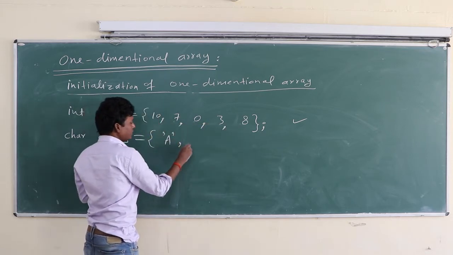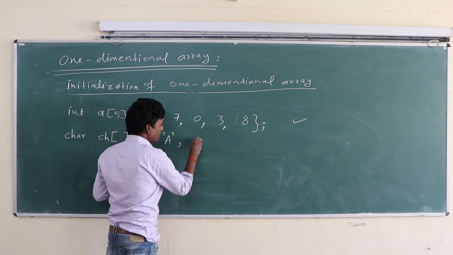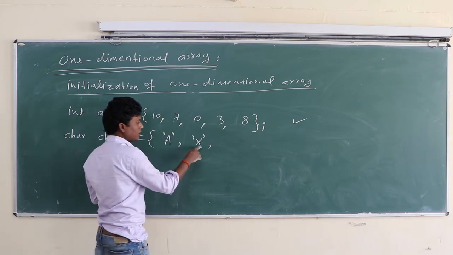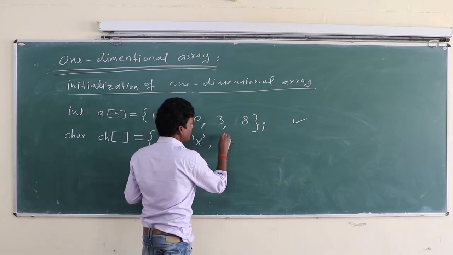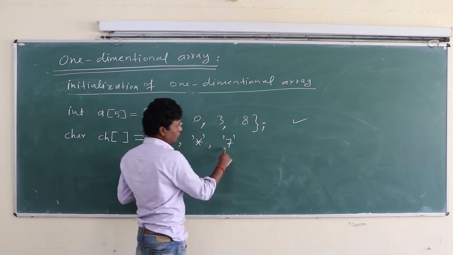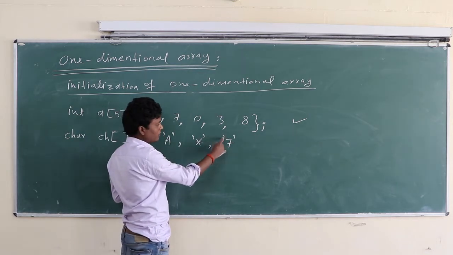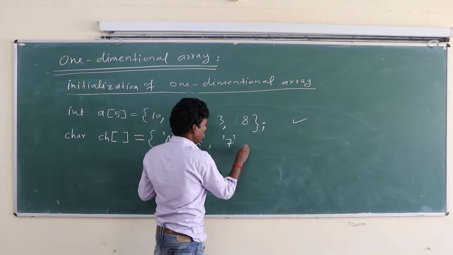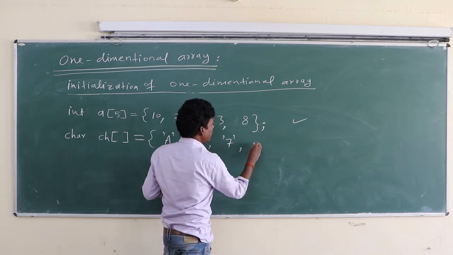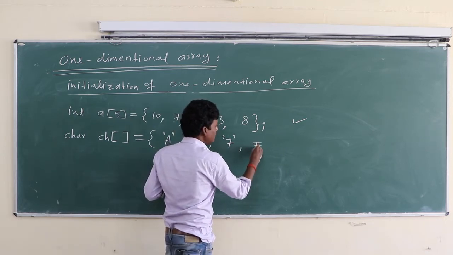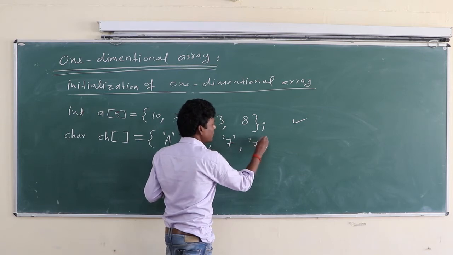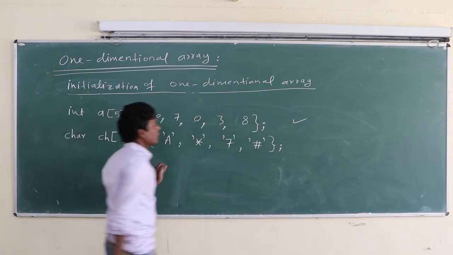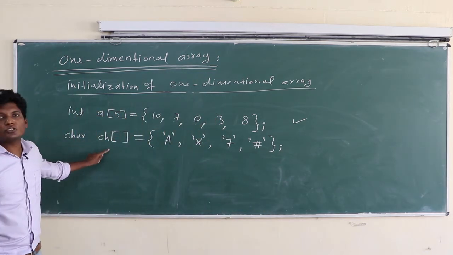Character constant a, here is an asterisk, this is also a character constant, and there is 7, this is also a character constant, not an integer constant, because there are inverted commas. And suppose here is a hash. This initialization is also true.